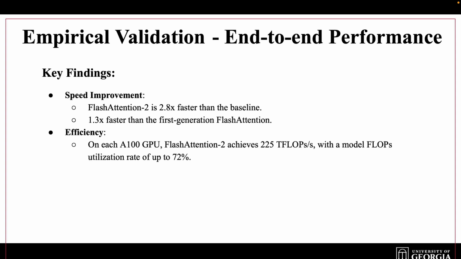Here are some key findings. FlashAttention 2 is 2.8 times faster than the baseline and 1.3 times faster than the first FlashAttention. On each A100, it clocks in at 225 TFLOPs per second with a 72% model FLOPs utilization rate, which is impressive efficiency for real-world training.